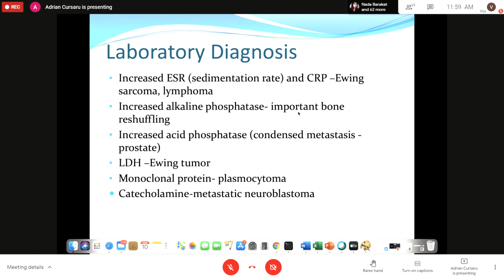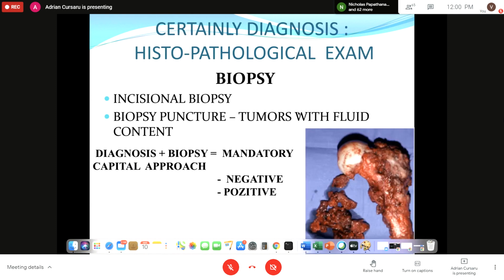Those are specific for some types of tumors, but you will not be able to put a correct diagnosis by making just that type of laboratory diagnosis. It is very important to make the biopsy. That will be your final diagnosis, and that will be the time when you are making your preparatory planning for the surgical procedure.